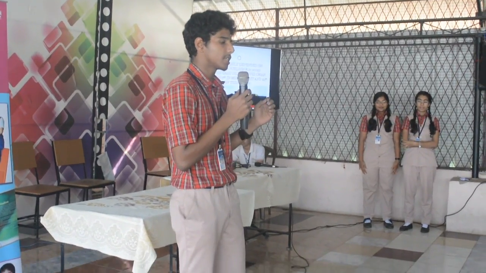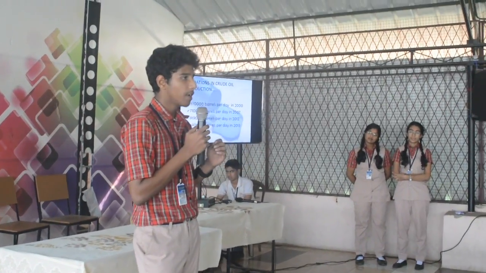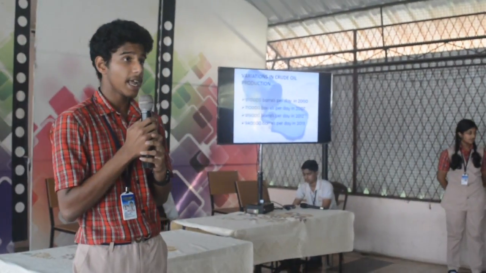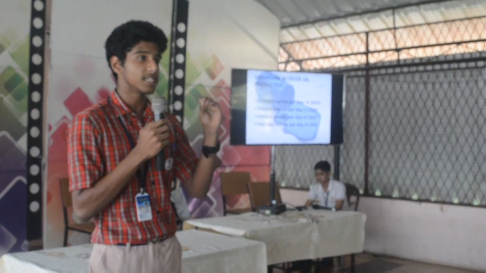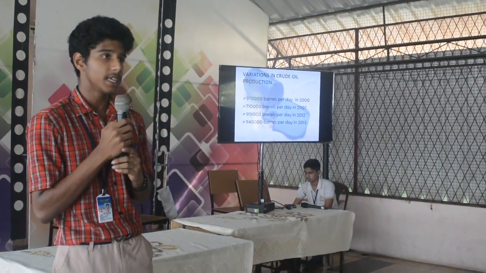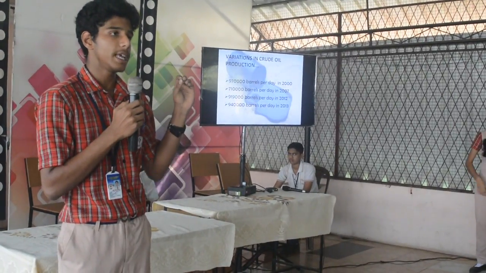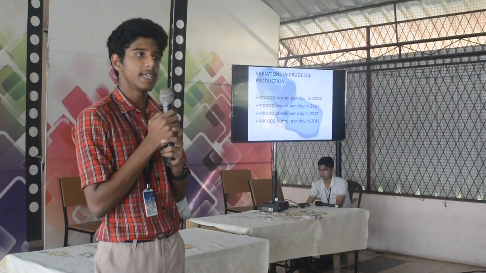The crude oil production of Oman peaked in 2000 with a production of 9,70,000 barrels per day, and it declined due to declining productivity, and in the year 2007 it was only 7,10,000 barrels, a great decrease.